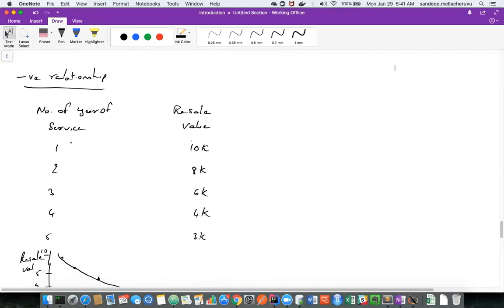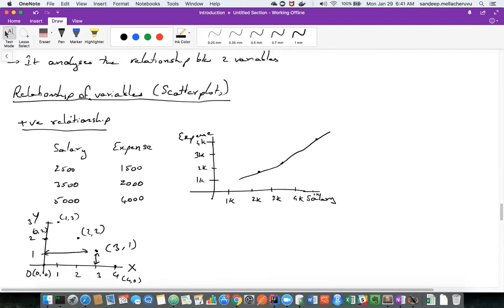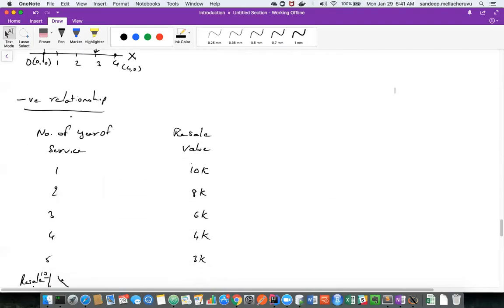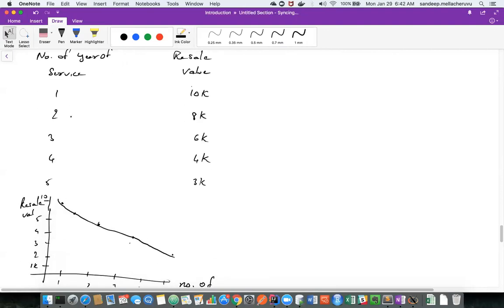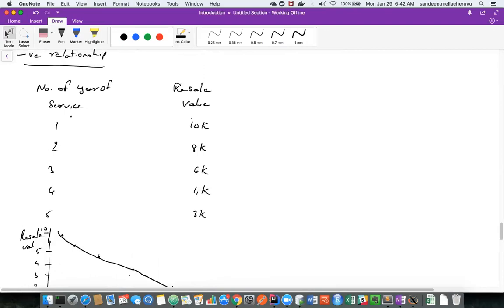A negative relationship is the reverse of whatever we have seen here. In a negative relationship, as one variable increases, the other variable will decrease. In this case, I gave an example of years of service and resale value.